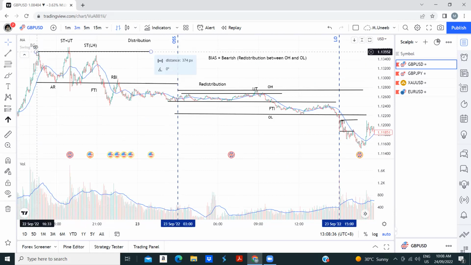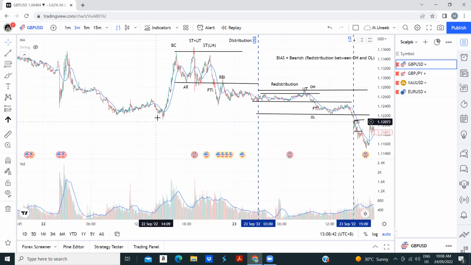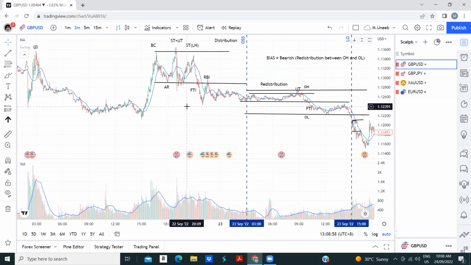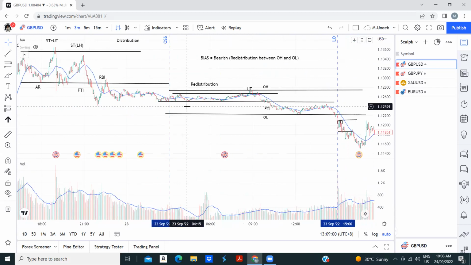Yeah, buying climax, and then we have AR, secondary test, because of this whole move to the upside. You see how the move down is very slow, and then the price suddenly rises up in just one shot here, with a huge increase in volume. Can you see? So this should be buying climax.